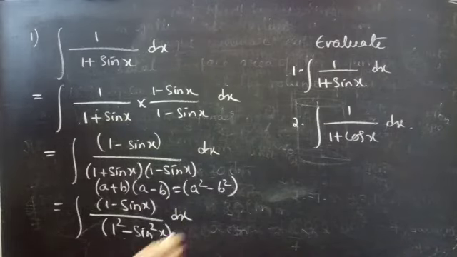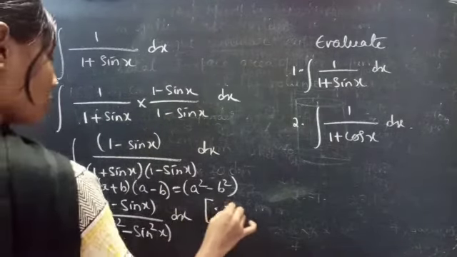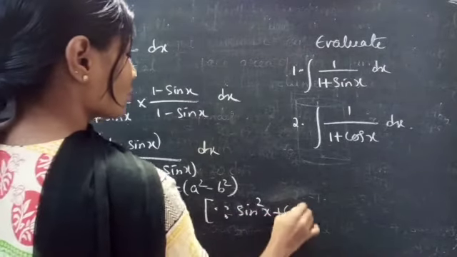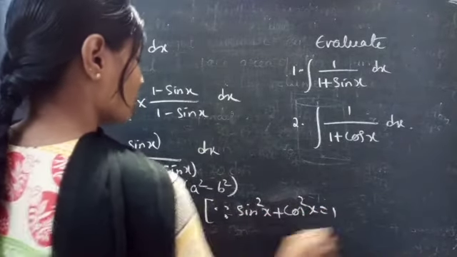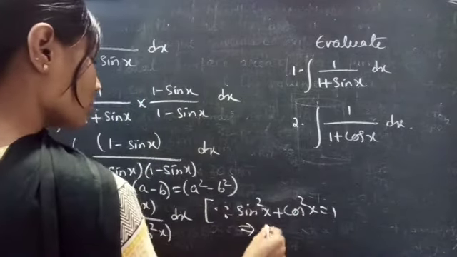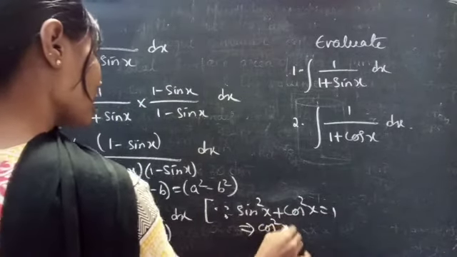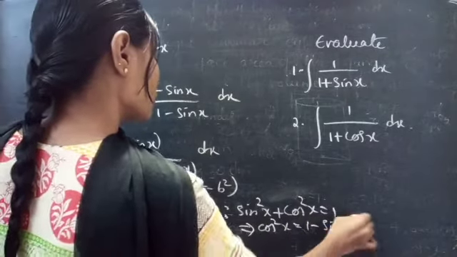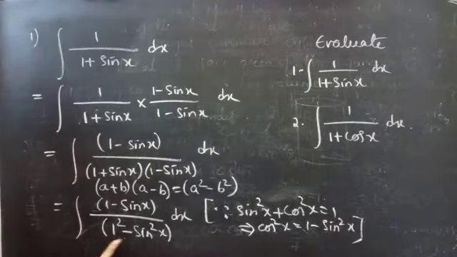Since we know that sin square x plus cos square x equals 1, from this we'll get cos square x equals 1 minus sin square x. So in the next step we can replace 1 minus sin square x by cos square x.